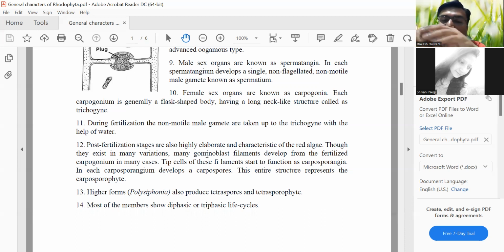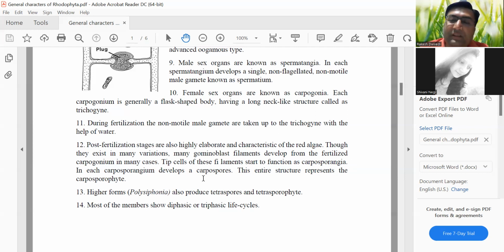Yes, sir. So the carpogonium produces gonimoblast filaments after fertilization. The tip of this gonimoblast filament starts to function as a sporangium, which is known as carposporangium, and each carposporangium forms a single carpospore.